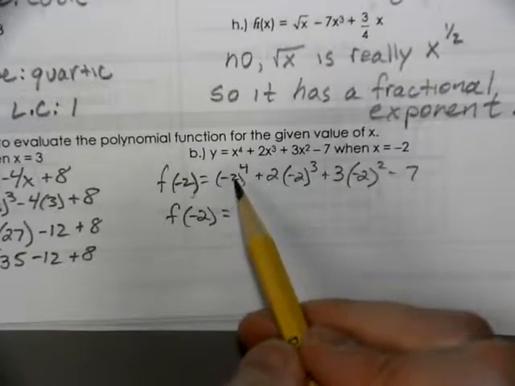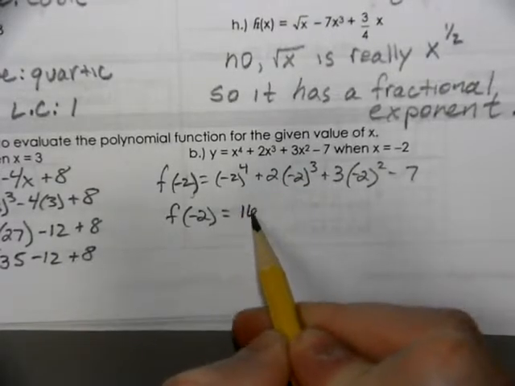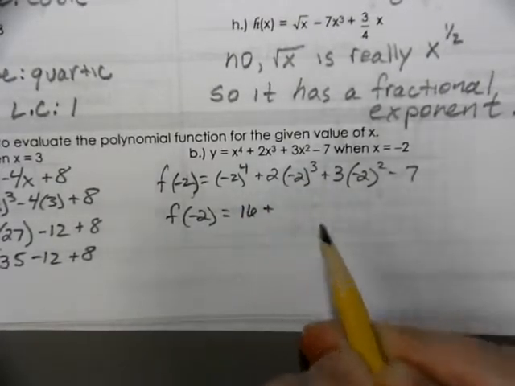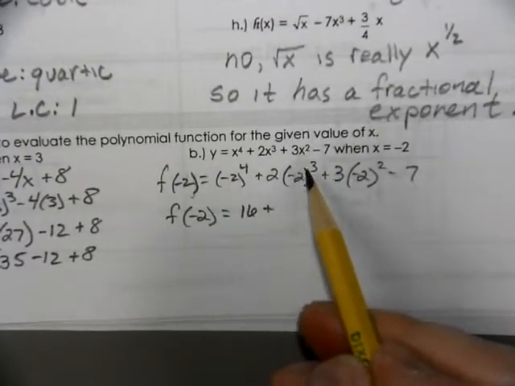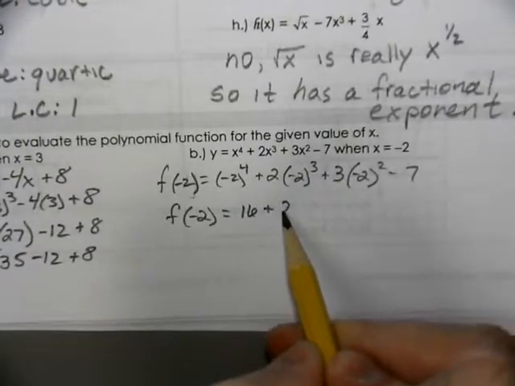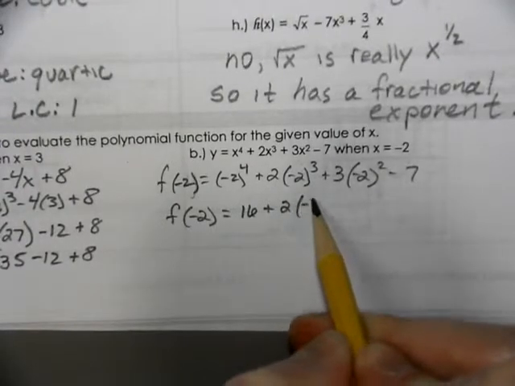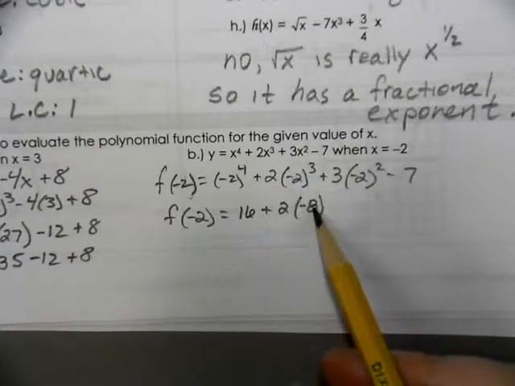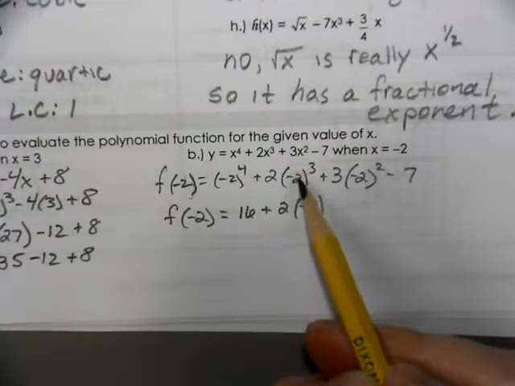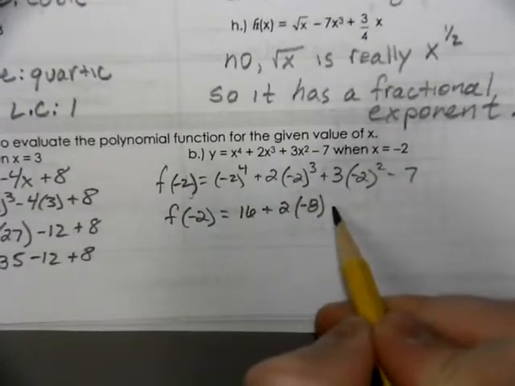So negative 2 to the 4th power is 16. This is not negative 4 to the 3rd power. Many people make that mistake. 2 to the 3rd power is 8. Negative 2 to the 3rd power is negative 8.